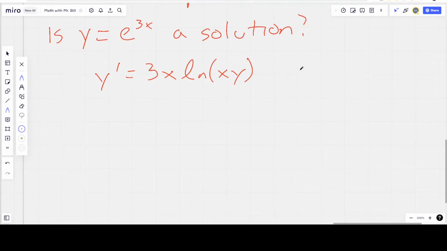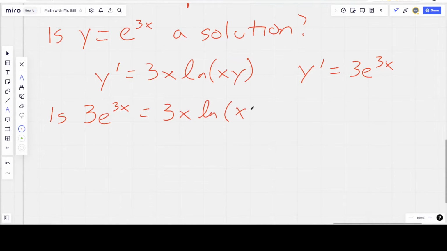And so y prime from my supposed solution is 3e to the 3x. So now what I'm asking is, is 3e to the 3x equal to 3x natural log of xy? Is that a true statement?